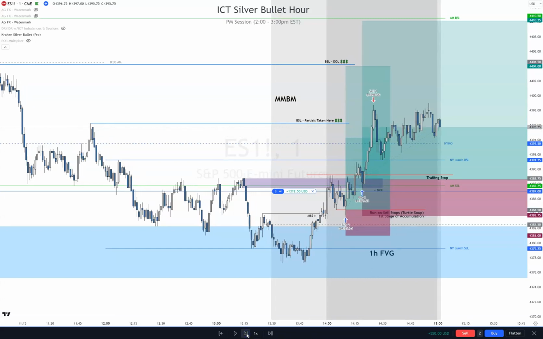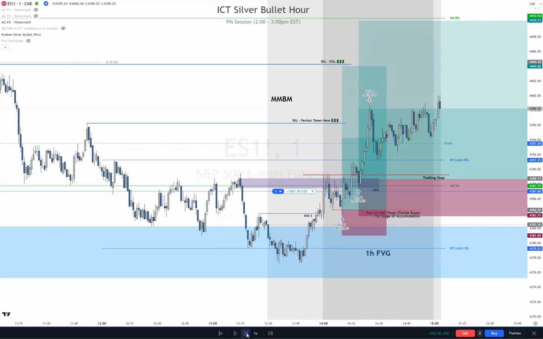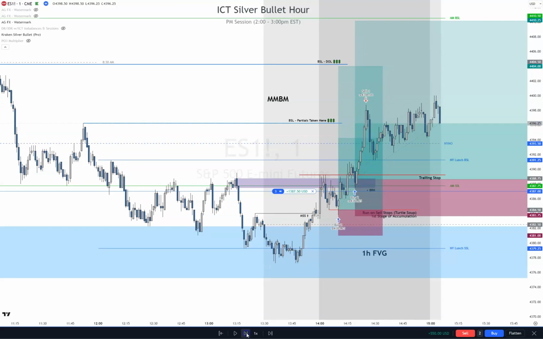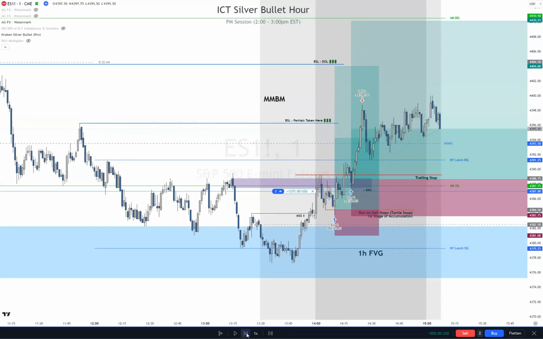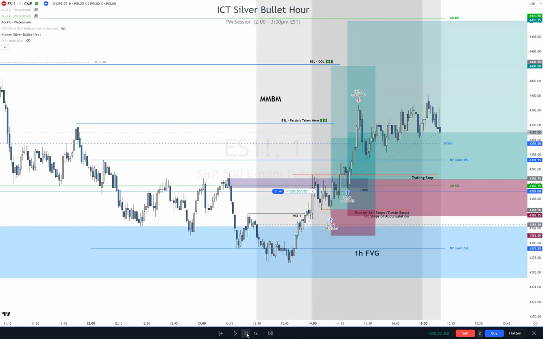It's just making higher highs, higher lows, higher lows, higher highs, higher lows. I don't like price action like this. It's very stressful when you're trading it live to watch it, knowing that you just want to hit your target up there. Ideally, you just want to run up there and hit it. You don't like sitting through all this.